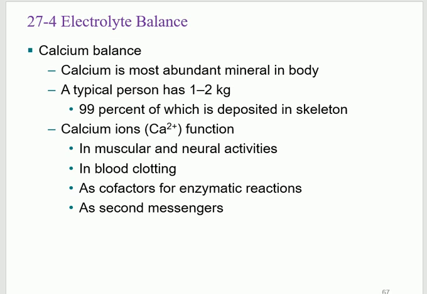Bone. We know that the bone is what? It's a calcium salt, isn't it? Why is the bone hard? It's calcium salt. So calcium. Clotting, blood clots. If you don't have enough calcium, blood clotting will be dysfunctional. It's important for blood clots. It's also a cofactor. Some enzymes need it to work, and it works as a second messenger.